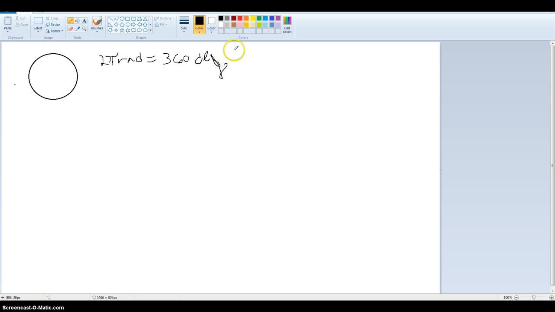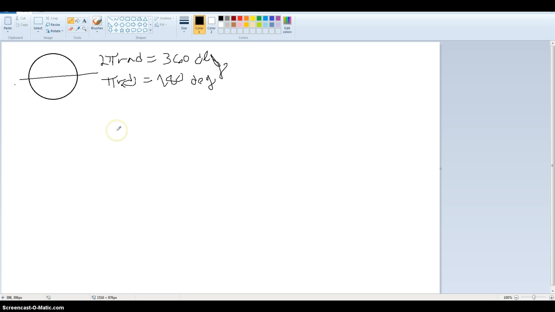And we can reduce that to a half circle. Half circle will be pi radians, and half circle is of course 180 degrees.